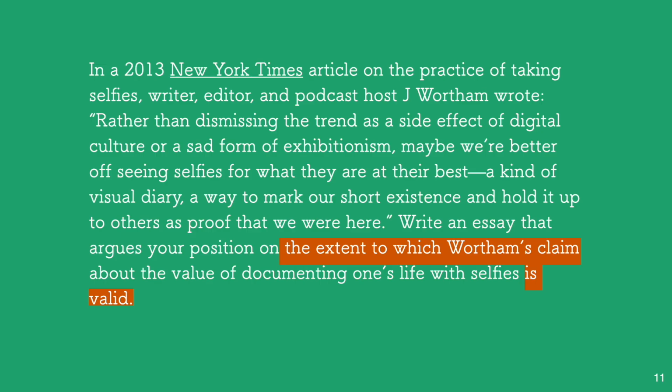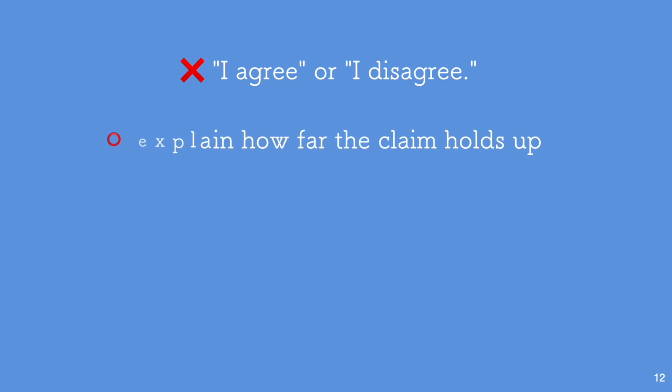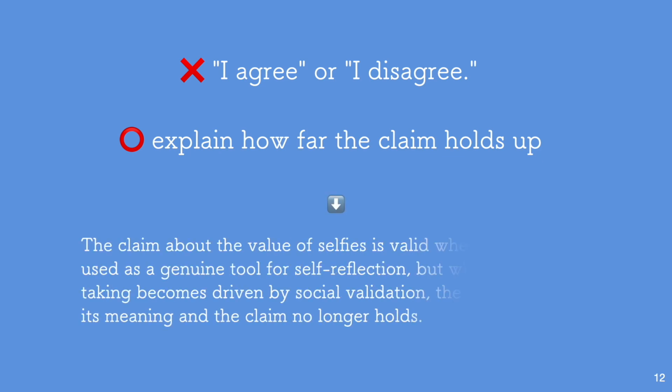Great, let's begin to draft the thesis. Remember, don't just say I agree or disagree. Instead, explain how far the claim holds up. So your thesis might look something like this. The claim about the value of selfies is valid when they are used as a genuine tool for self-reflection.